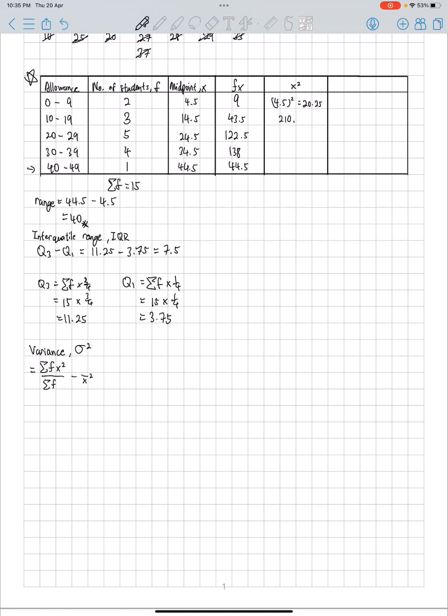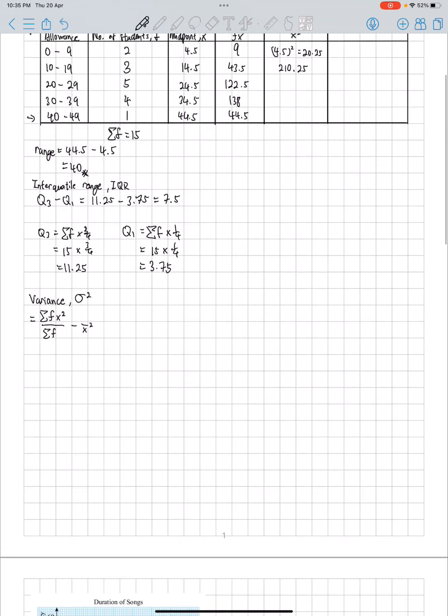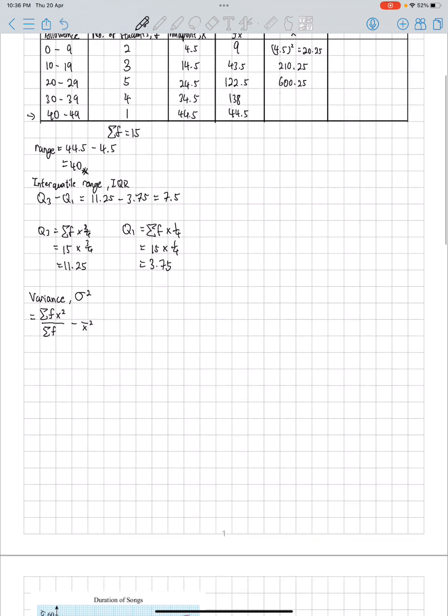So here will be 210.25, and the next one will be 600.25. Next one will be 1190.25, and the last one will be 1980.25.